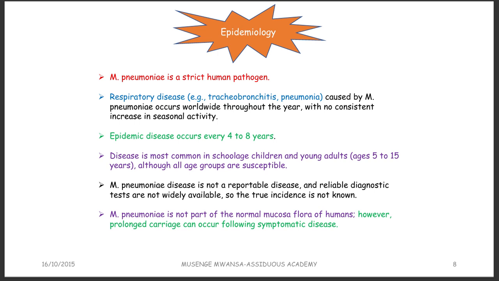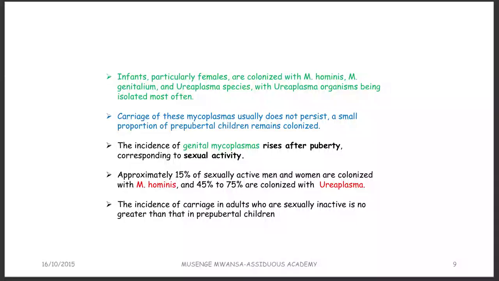So Mycoplasma pneumoniae is not part of the normal flora of humans. However, prolonged carriage can occur following symptomatic disease. So if someone has had the disease, they can carry this organism for long, but it's not part of normal flora. Infants, especially the females, are colonized with Mycoplasma hominis and Mycoplasma genitalium and Ureaplasma species, with Ureaplasma organisms being isolated most often.